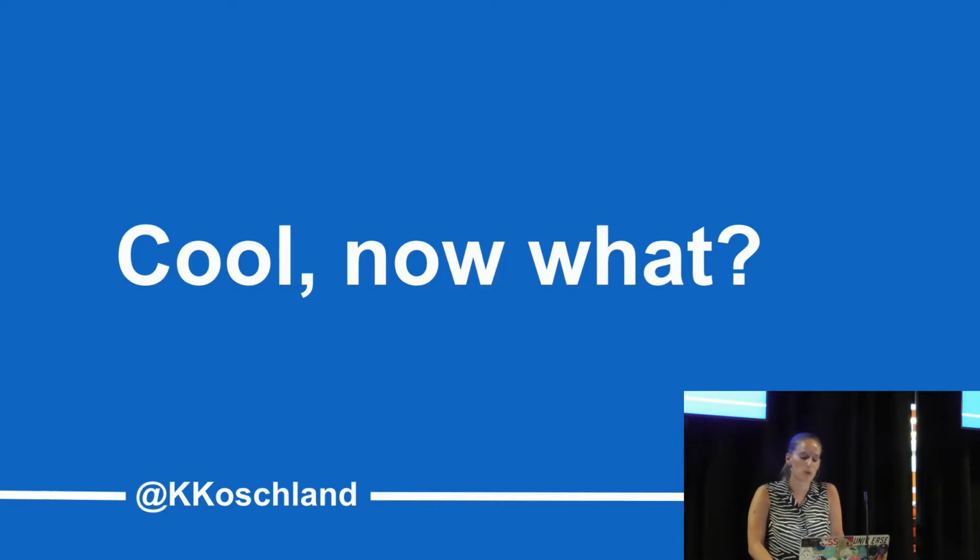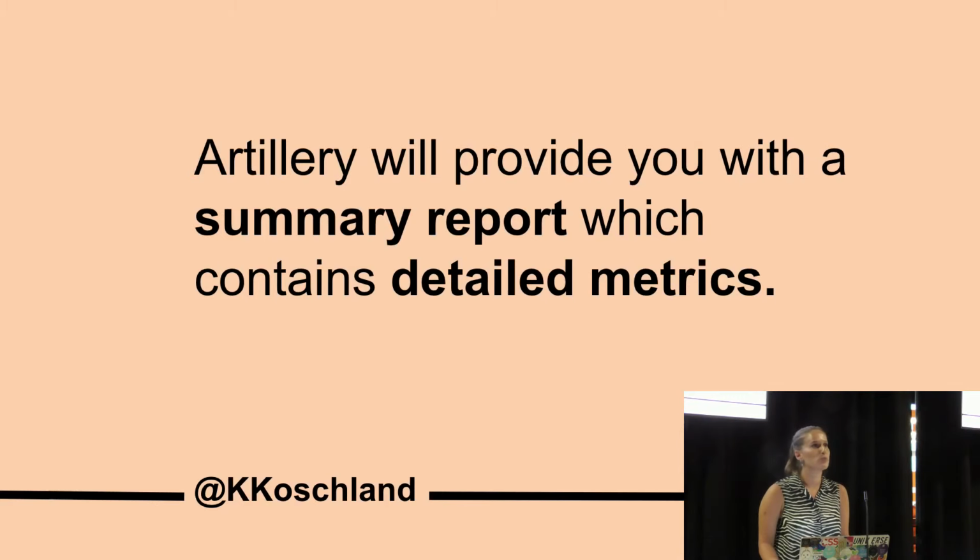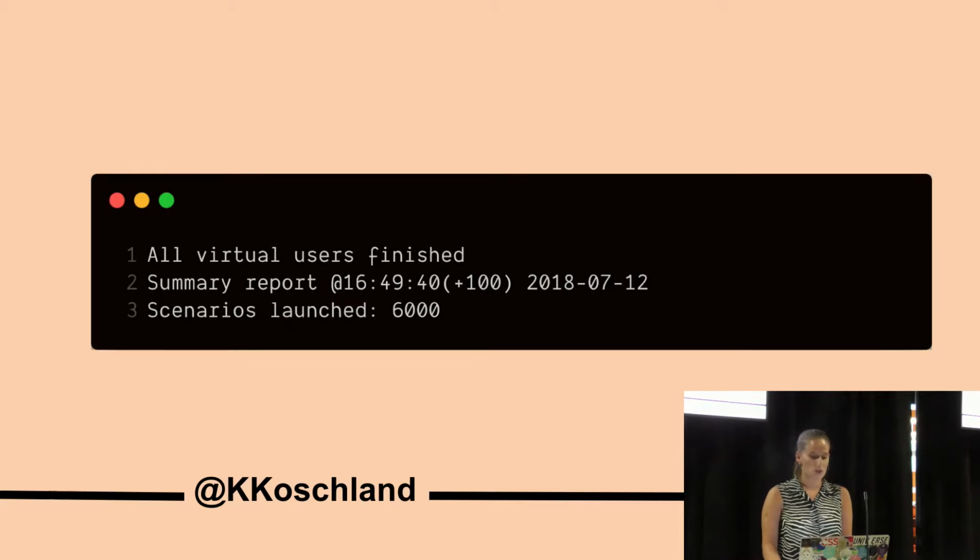Okay, so what happens after you run the script? Artillery will provide you with a summary report that contains detailed metrics that help analyze the behavior of your application when it's under load. So you have scenarios launched, and that's the number of virtual users that have launched a scenario throughout the test.